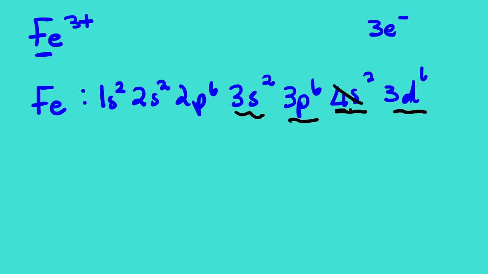Now we must remove an extra 1 electron, because we need to remove 3 electrons. The question is, are we going to remove from D, P, or S? Because we know that this is totally out, where are we going to remove that 1 electron?